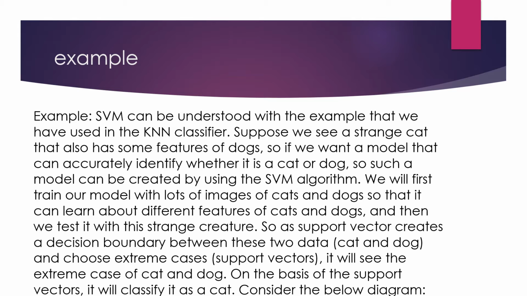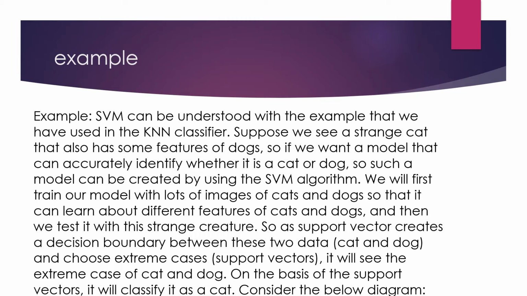SVM can be understood with the example we used for the KNN classifier. Suppose we see a strange cat that also has some features of a dog. If we want a model that can accurately identify whether it is a cat or a dog, such a model can be created by using the SVM algorithm.